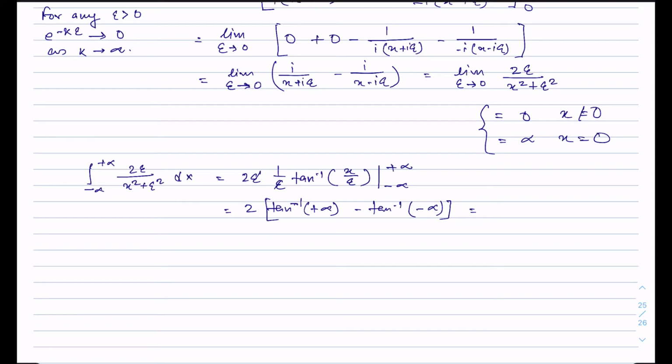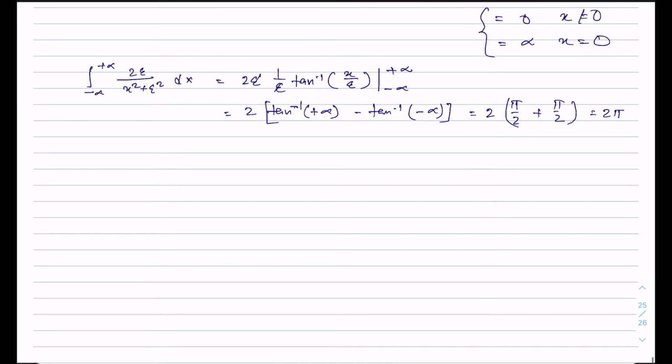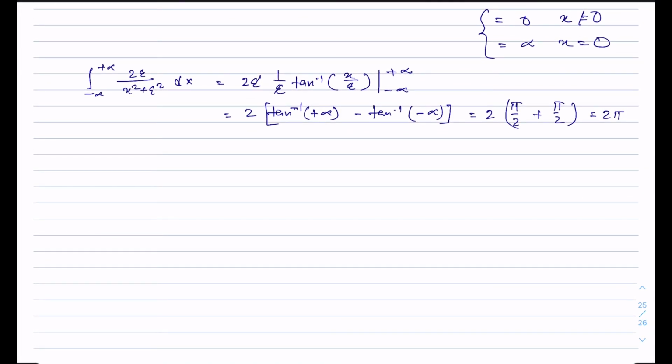So we have 2 times pi by 2 plus, again tan inverse of minus x is minus tan inverse x, so it becomes plus pi by 2, which is 2 pi. So we can say that the area under 2 epsilon over x square plus epsilon square is independent of epsilon.